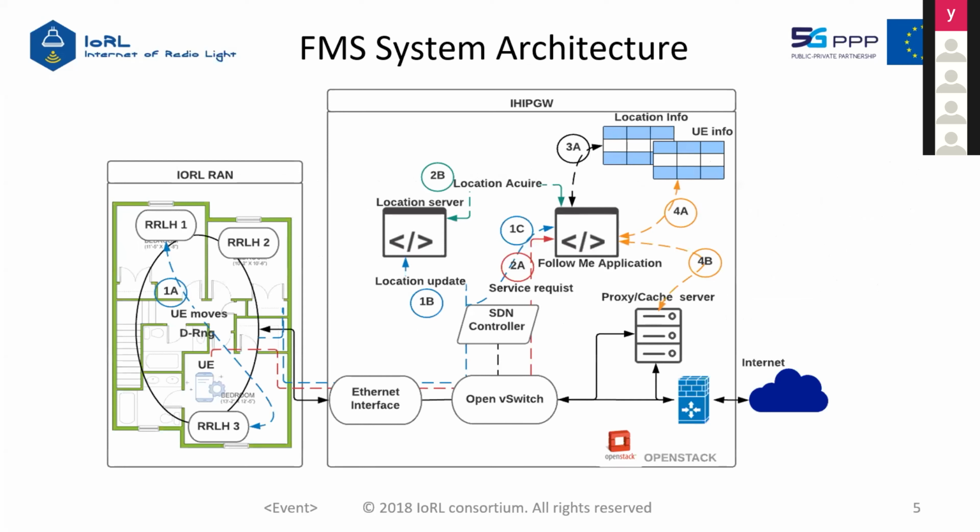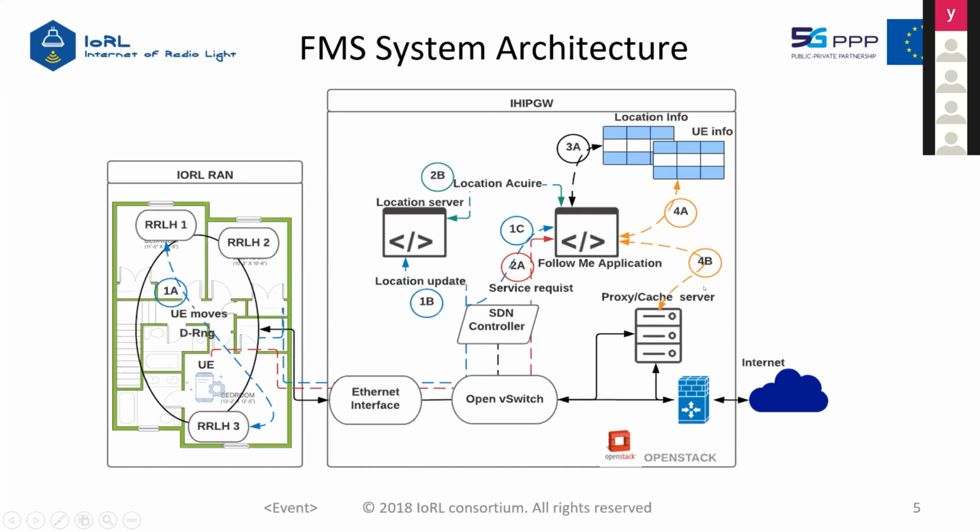The system architecture of the Follow Me service consists of an end user application installed on the user equipment smartphone, an SDN controller, a Follow Me application, which is written in Python, running on top of the SDN controller, and a cache proxy server.